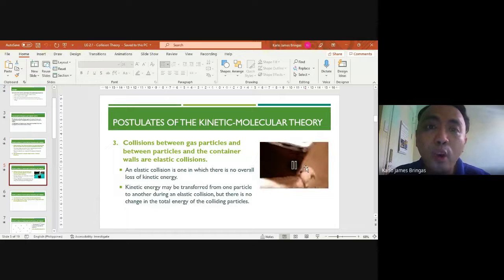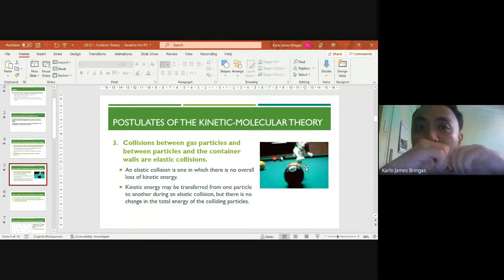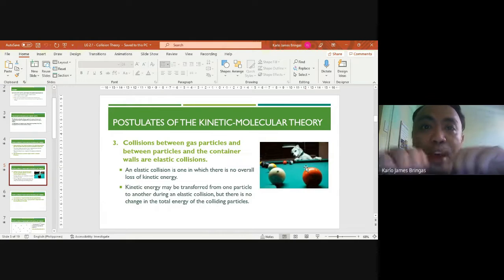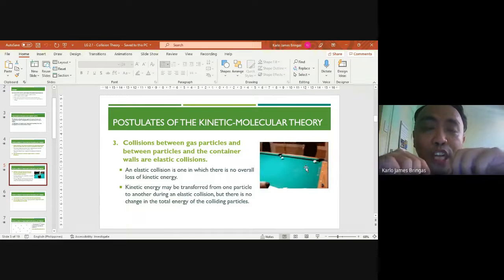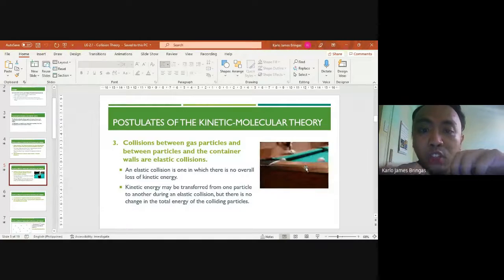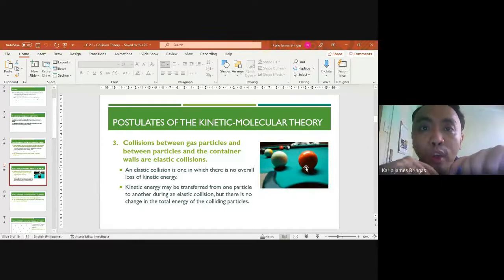Now, as more and more balls collide with the two balls that have already stuck together, you can imagine they start to clump together. And that will lead to the formation of a condensed state, either a liquid or a solid. So we assume that there is no such attractive force going on.